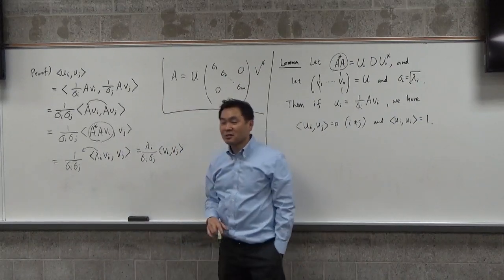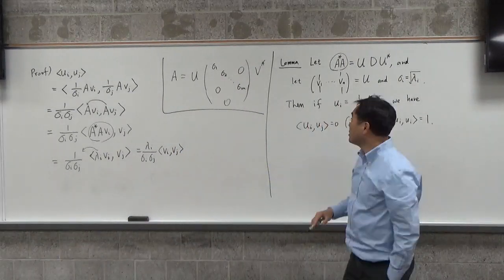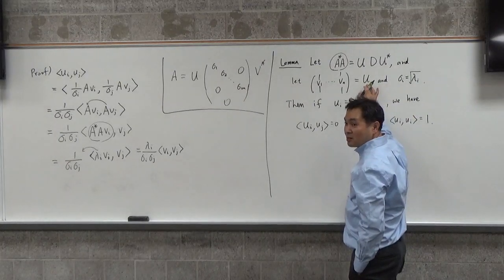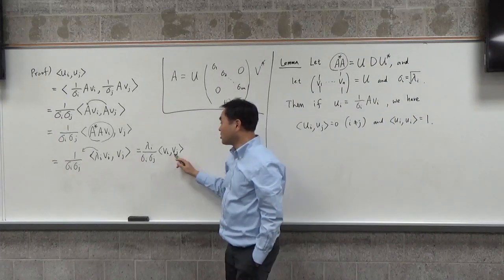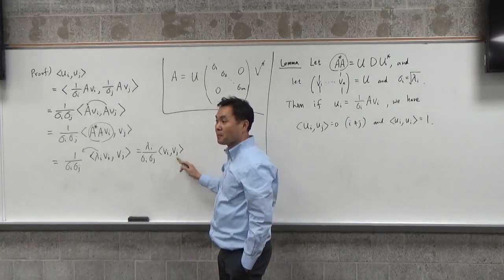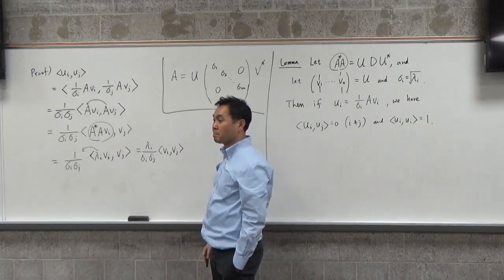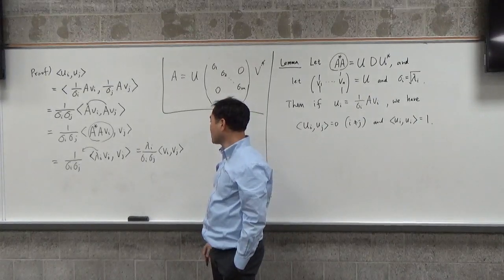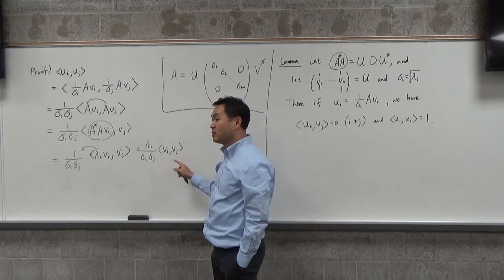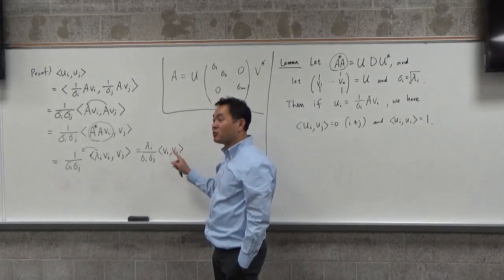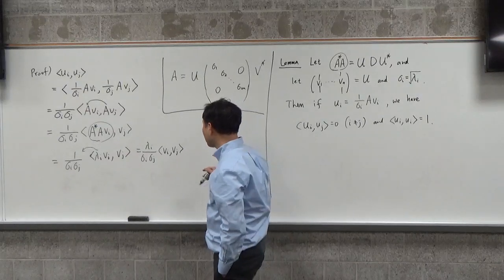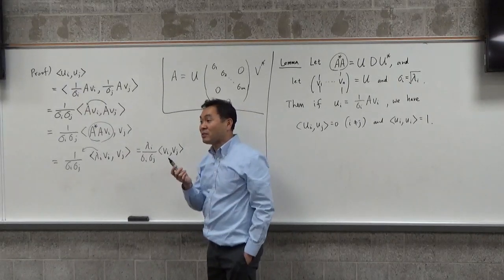Okay. U is unitary. That means, what does this give us if U is unitary? If I and j are different, what do you get? 0, right? If I and j are equal, what do we get? 1. Okay, that's what unitary means, right? You have an orthonormal basis.